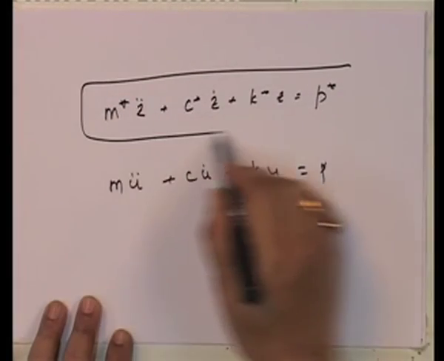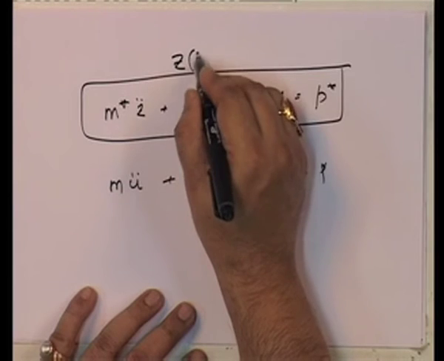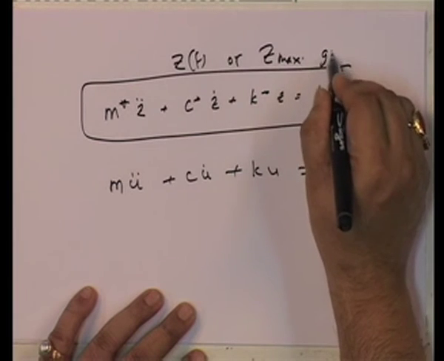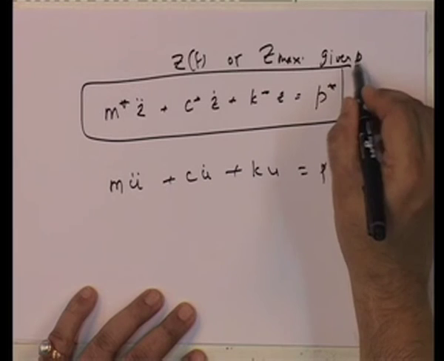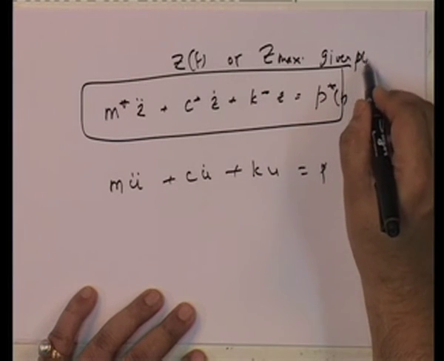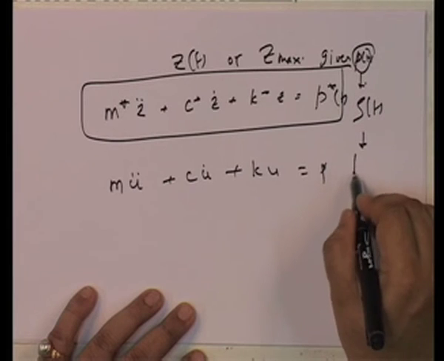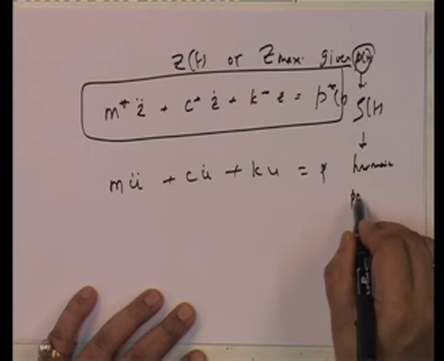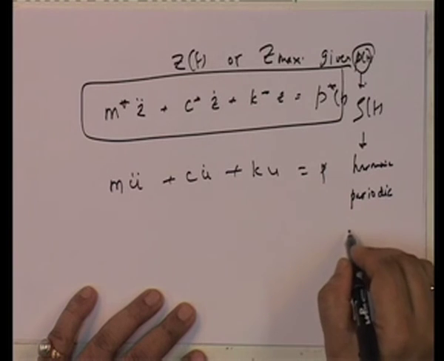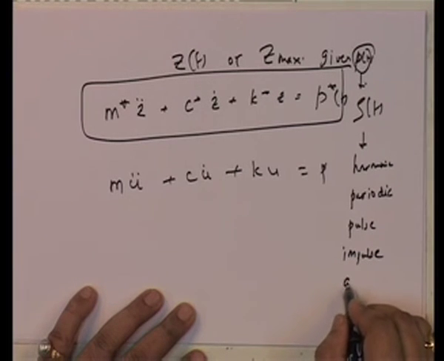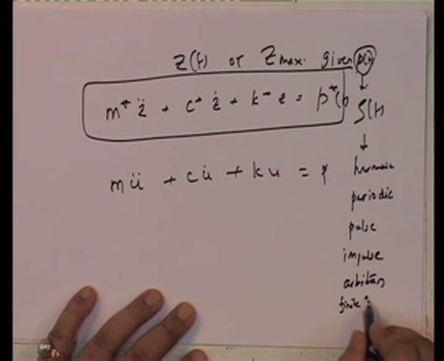If I get this, I should be able to solve for z of t or z max, given p star of t, which will have some form of xi of t, which would be harmonic or periodic or pulse or impulse or arbitrary finite duration load.